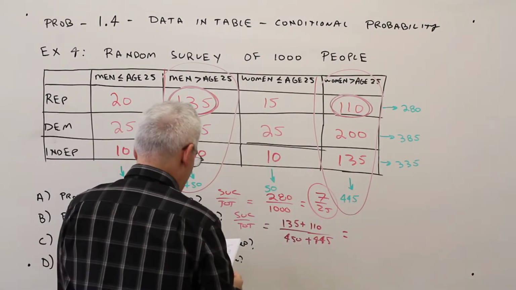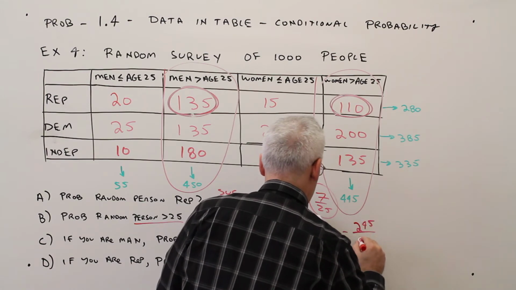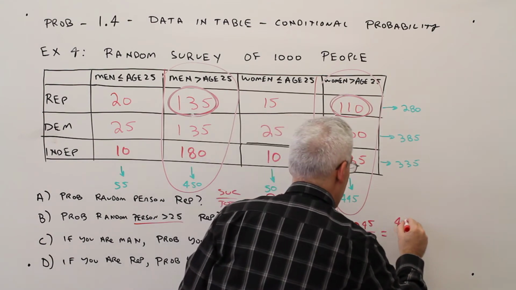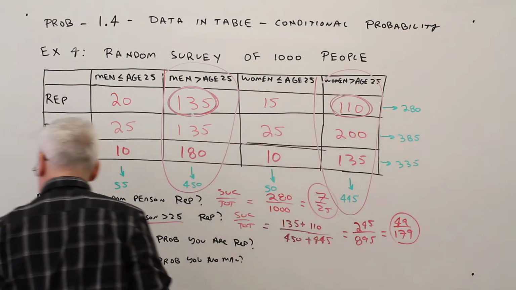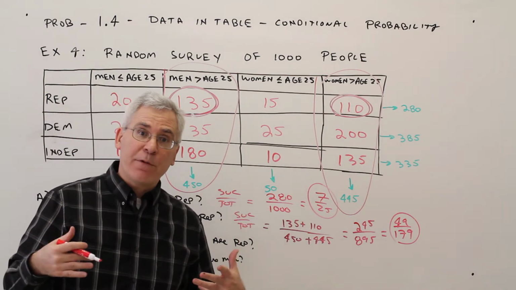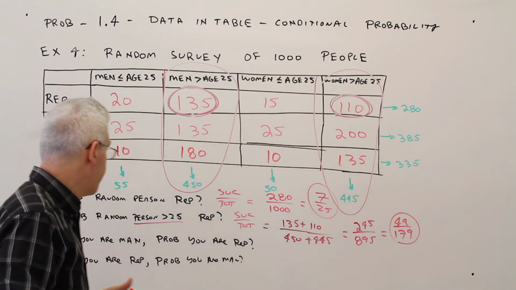I worked out the computations and you would get 245 over 895, which reduces to 49 over 179. We'll agree to leave the answers in exact simplified form unless otherwise specified.